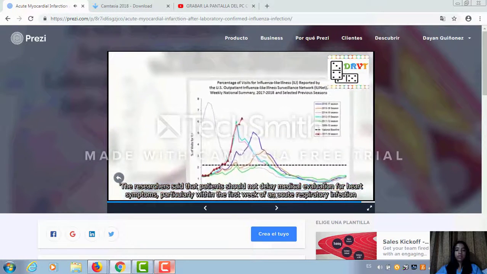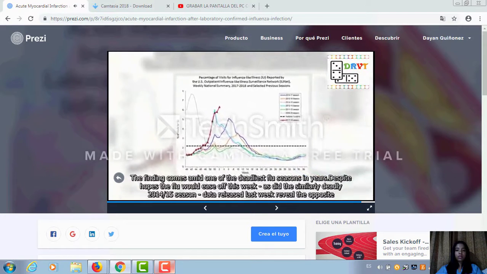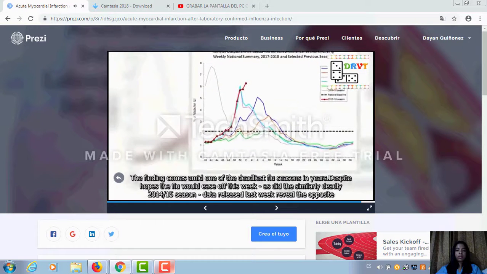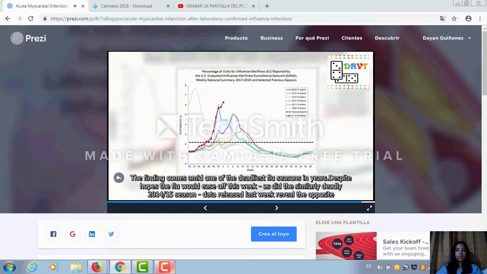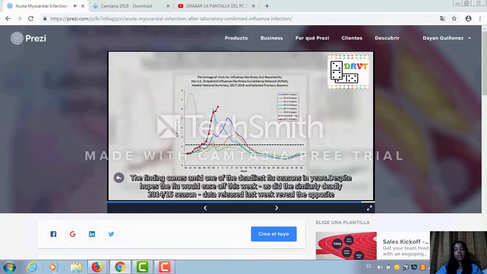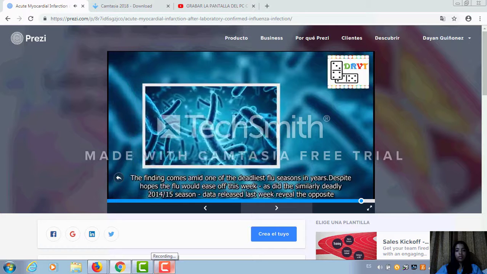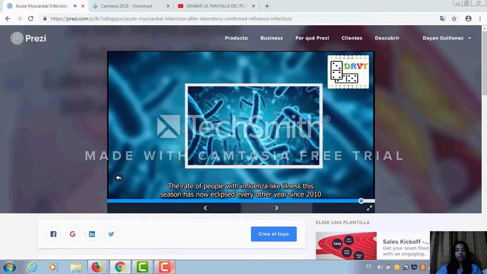The finding comes amid one of the deadliest flu seasons in years. Despite hopes the flu would ease off this week, as did the similarly deadly 2014-15 season, data released last week reveal the opposite. The rate of people with influenza-like illness this season has now eclipsed every other year since 2010.